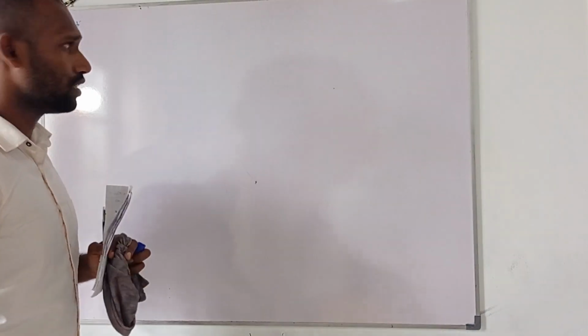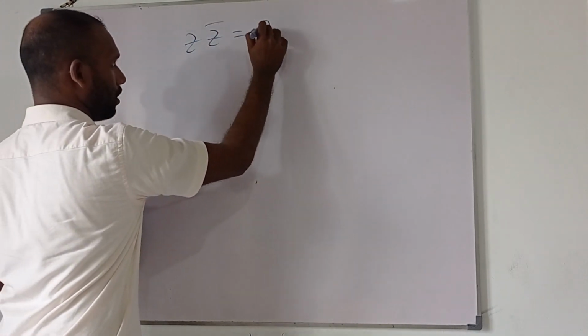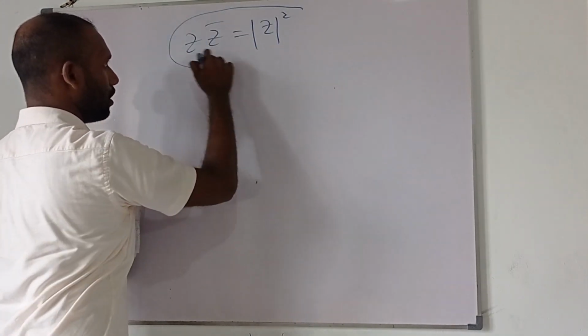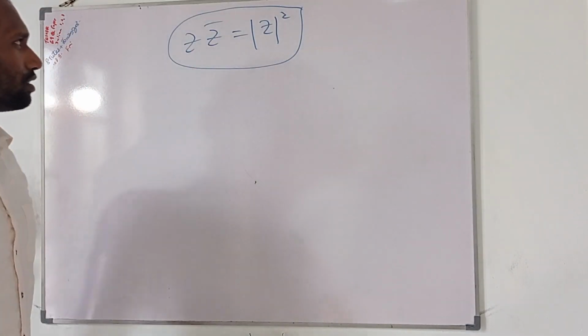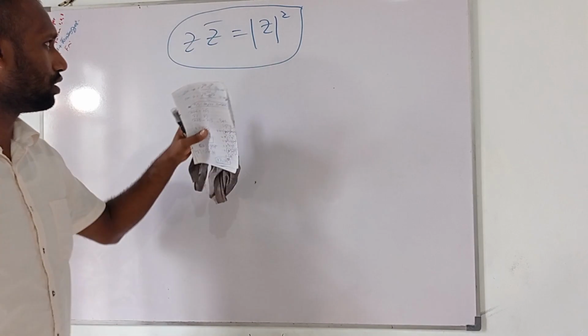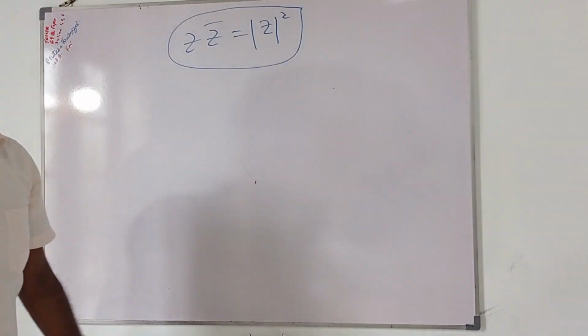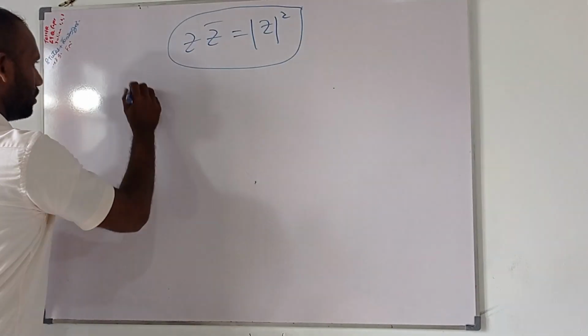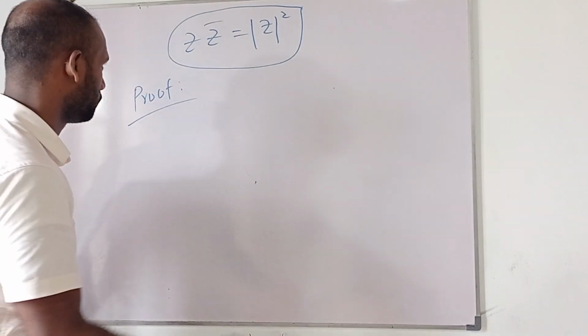So another formula: Z bar times Z equals the square of the modulus of Z. Let's prove it.